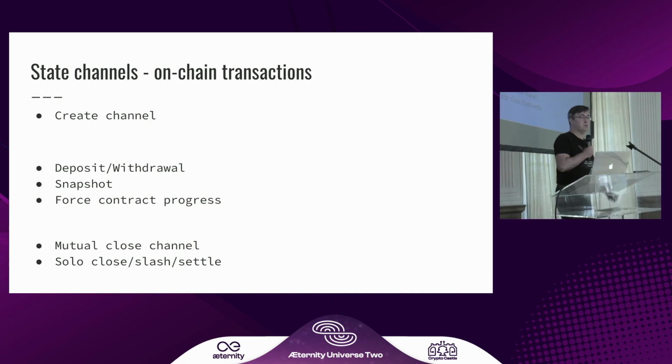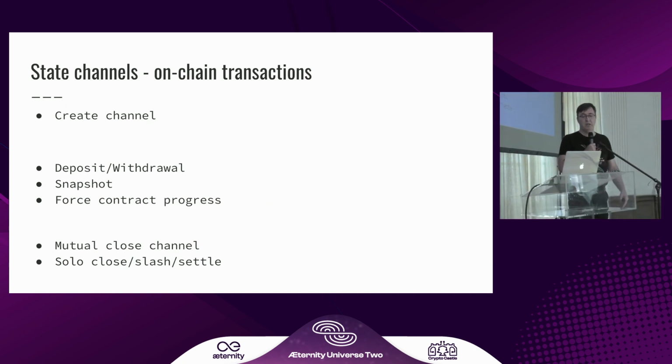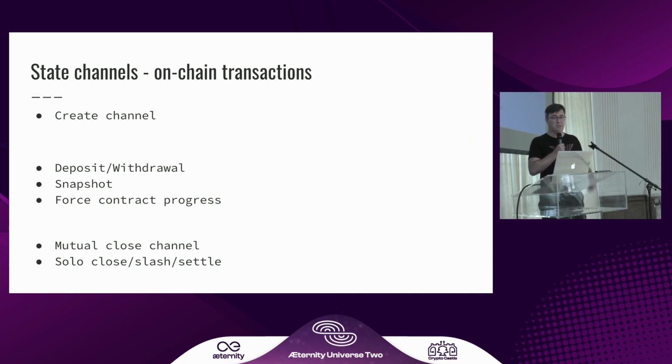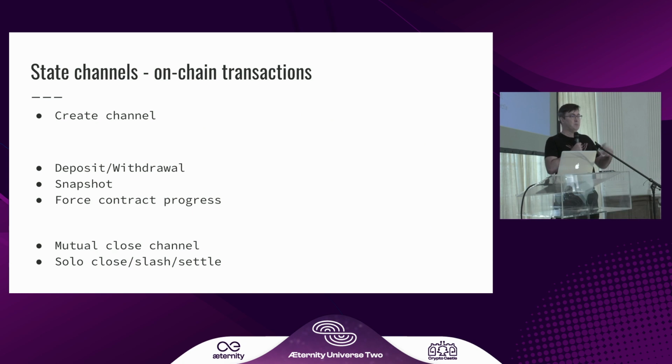So the on-chain transactions are, first you create a channel object, a create channel transaction. When the channel is open, you can deposit coin into your channel. You can withdraw coin. You can post a snapshot on chain.